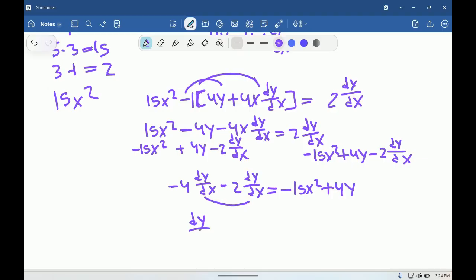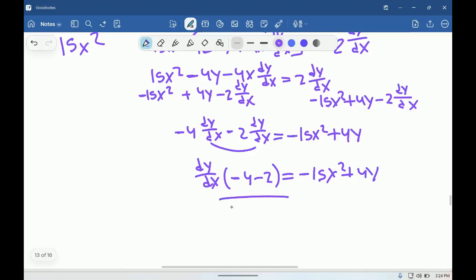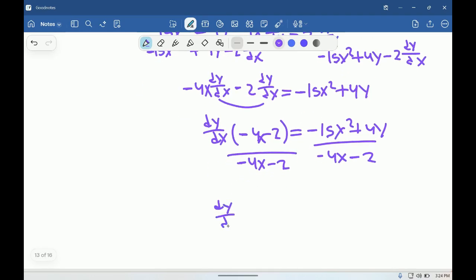So we're going to get dy/dx times -4x minus 2, which equals -15x² plus 4y. And we're going to want to divide this. -4, we forgot the -4x. -4x minus 2 over -4x minus 2 is going to look like this.